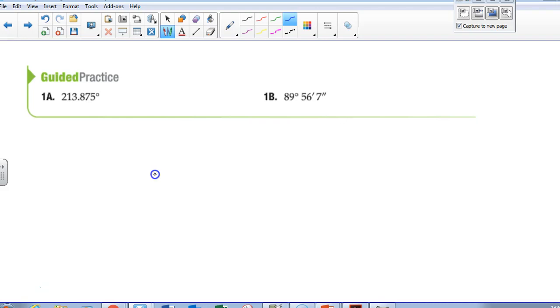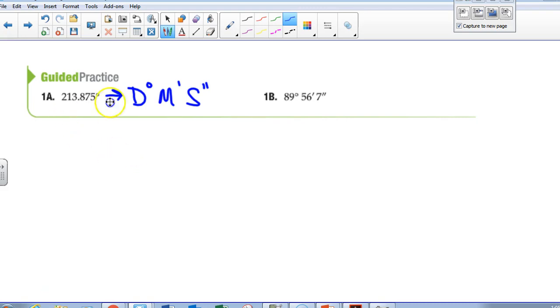How many seconds in a degree then? 3,600. Okay? This is a decimal answer, and we want to change it into degrees, minutes, and seconds. The symbols: degrees, little circle. Minutes, single apostrophe. Seconds, double, like quotes. Okay?